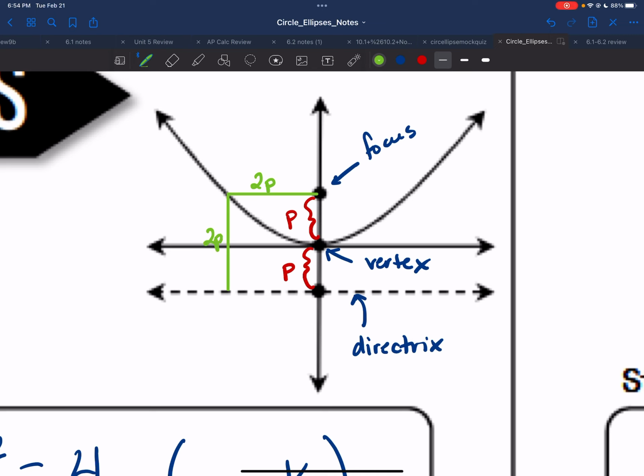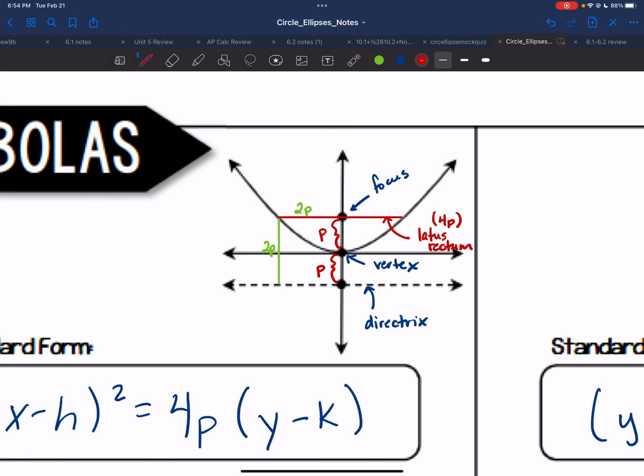Your distance from one leg through the focus to another is actually called your latus rectum. Sorry, guys, I didn't name it, right? And so that latus rectum is the equivalent of 4p. So this 4p that you see in the equation is actually talking about this distance going through your focus from one leg to another.